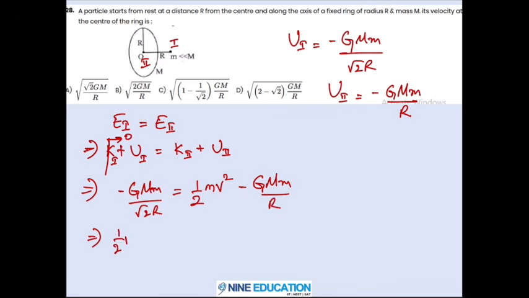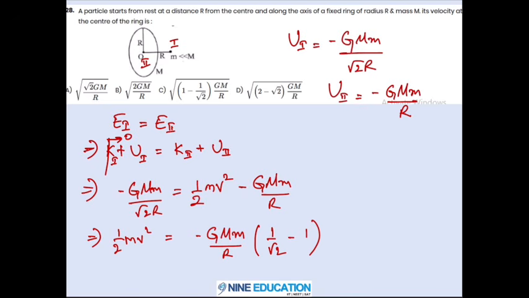So half mv square is equal to, taking minus capital G small m by r common, you would get 1 by root 2 minus 1, if I'm not wrong. Yeah.